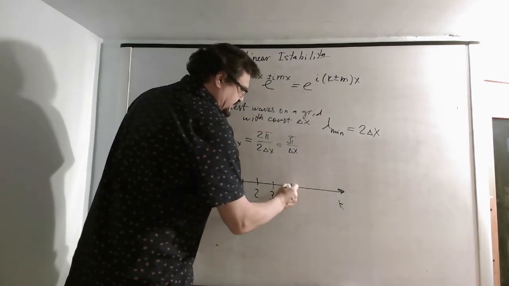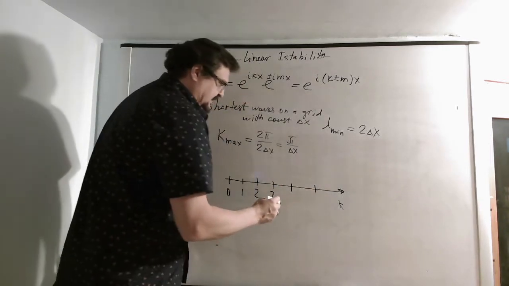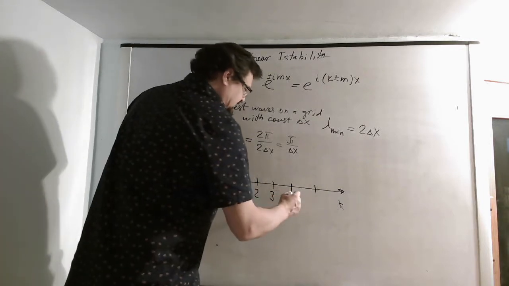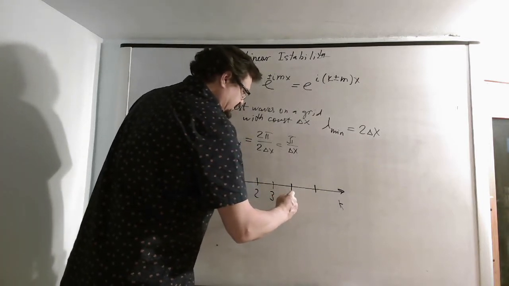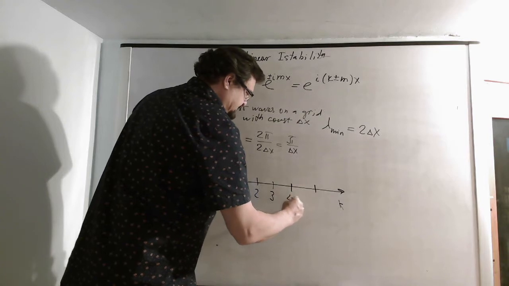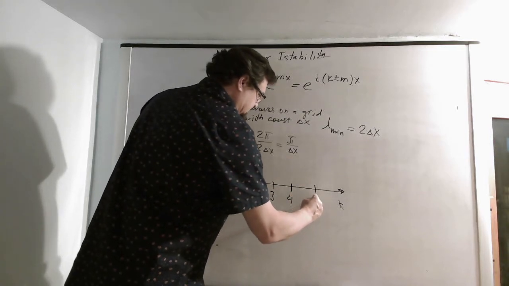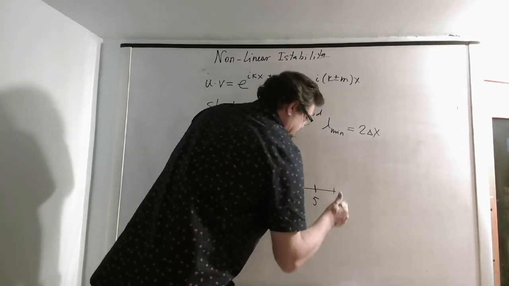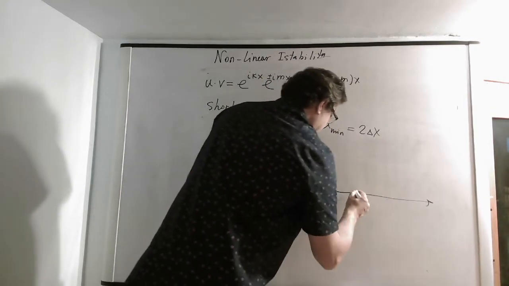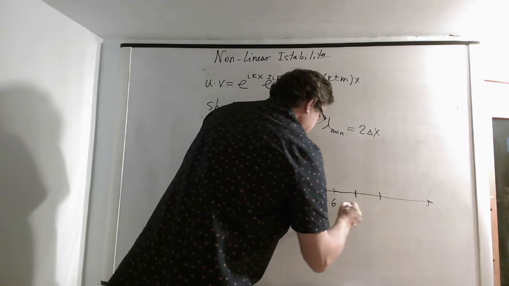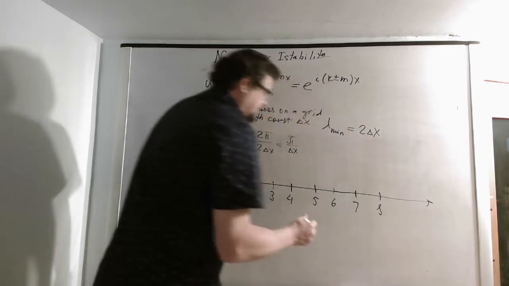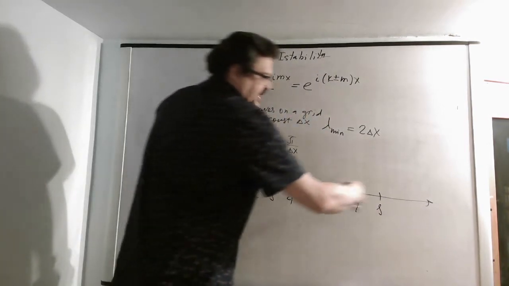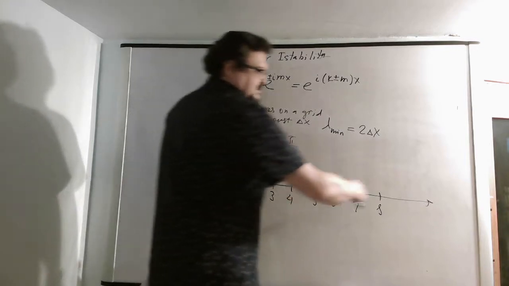And let's say that our grid can represent only 4 such waves. I mean, let's say 6. Let's make it longer. So this is in reality. In reality, it can be infinite.